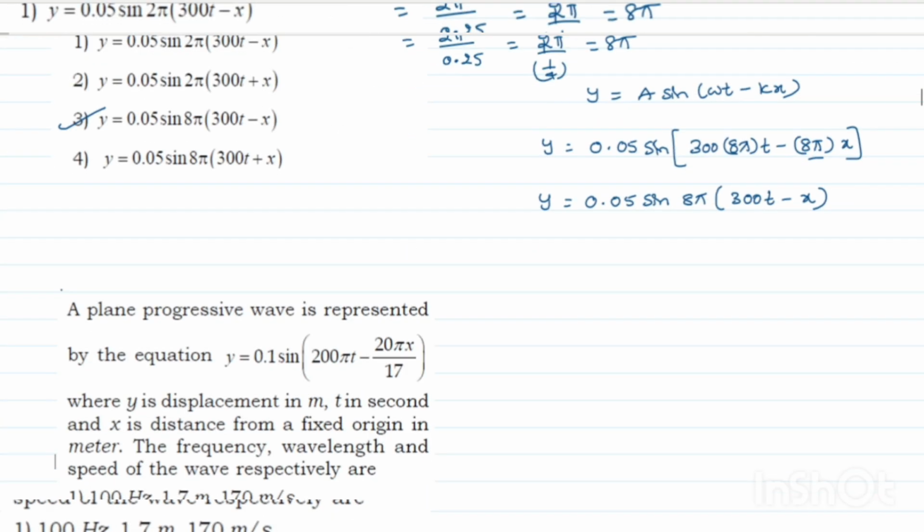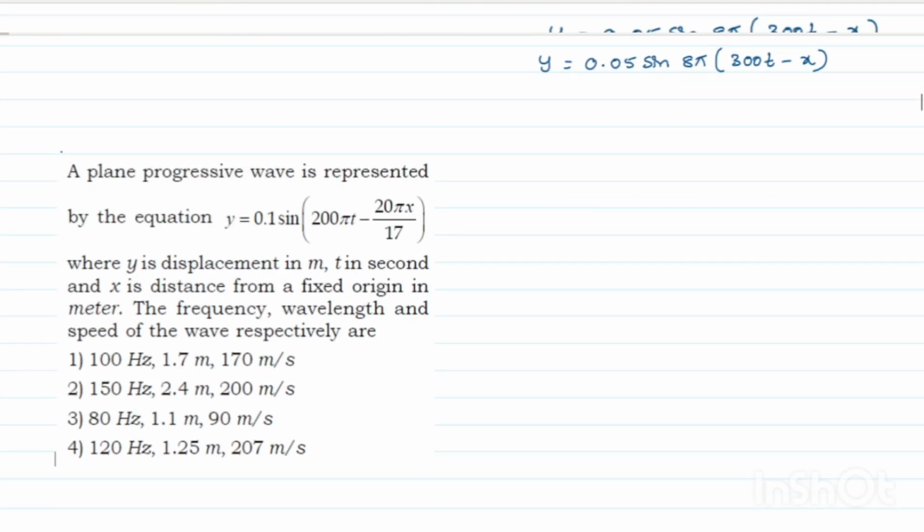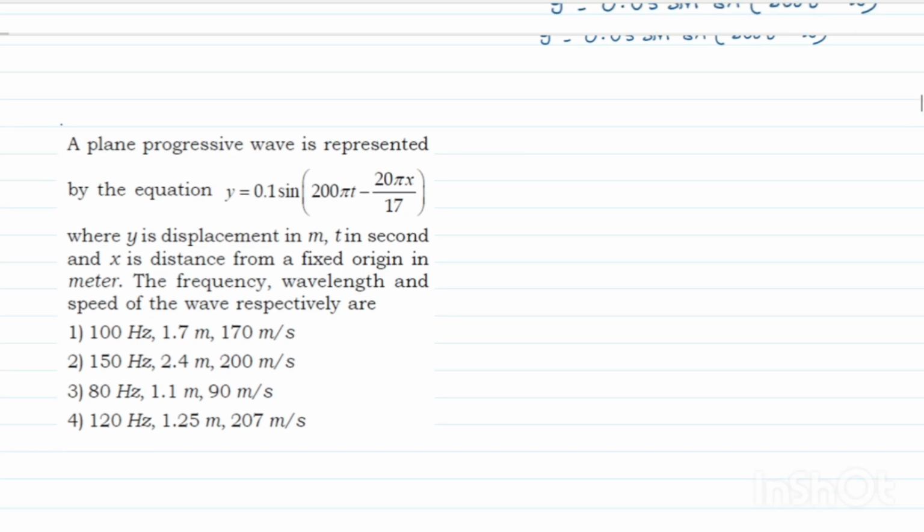The next question says a plane progressive wave is represented by y equals 0.1 sine of 200 pi t minus 20 pi x by 17. Y is the displacement in meters and time is in seconds, and we need to calculate the frequency, wavelength, and the speed of the wave.